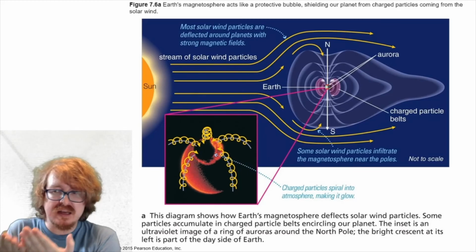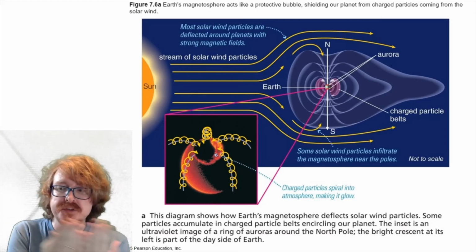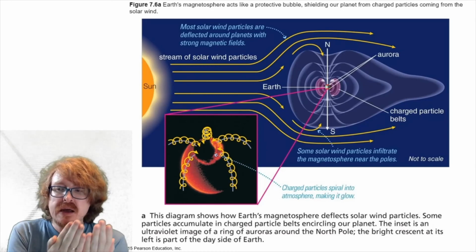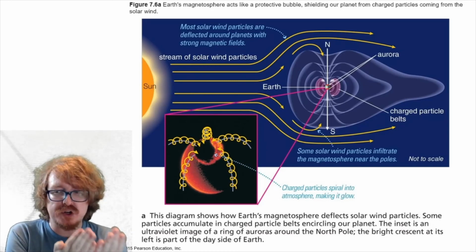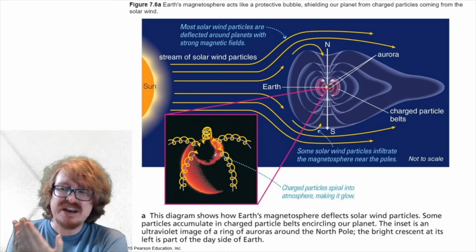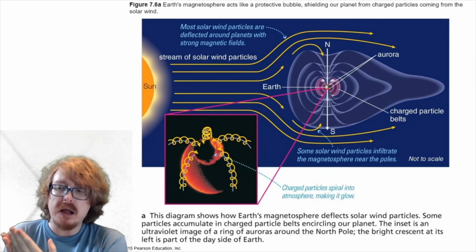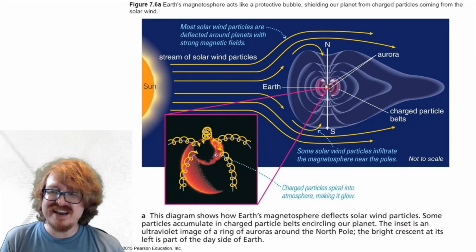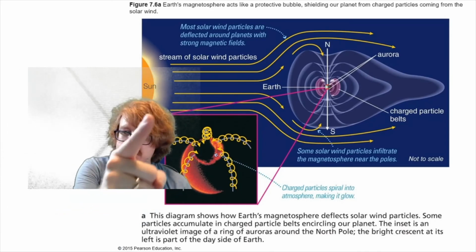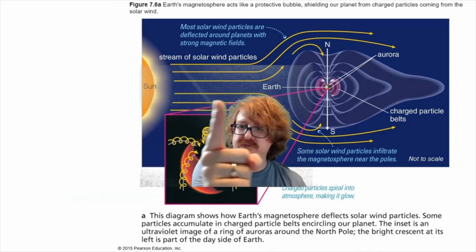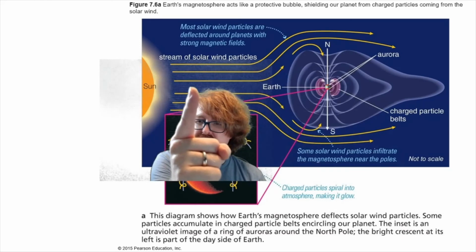So electric charge and magnetic fields are related. Specifically, our magnetic field came from electric charge, and things that are electrically charged follow magnetic fields. So the sun is trying to blast us with this stream of solar wind. It's trying to just hit the Earth here.